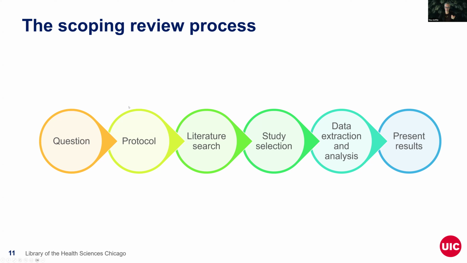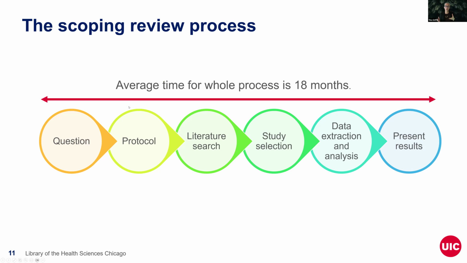Slides are not advancing. Okay, so the average time for this whole process is about 18 months, and that is an average. Some of them take less time than that, some of them take more. It does very much depend on the amount of literature, the number of people on the team, how well that team works together, and how many competing priorities that team has.